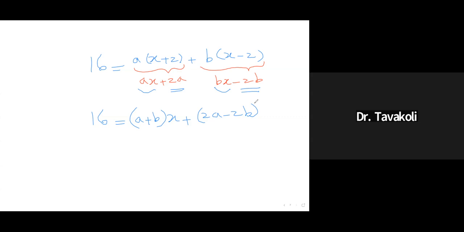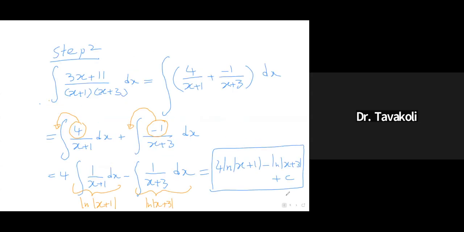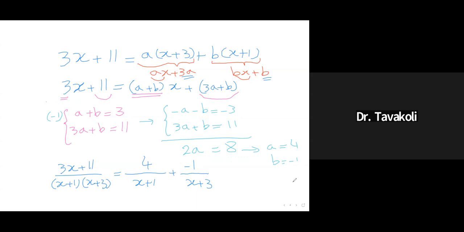I set the corresponding coefficients on both sides equal to each other. Let me go back to the previous example. Like 3x plus 11 was a plus b times x plus 3a plus b. I set a plus b equals 3 and 3a plus b equals 11.